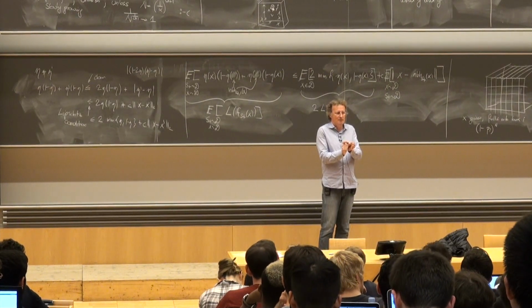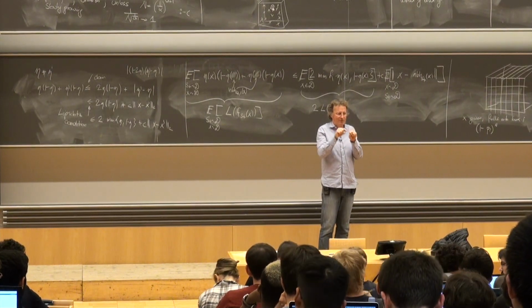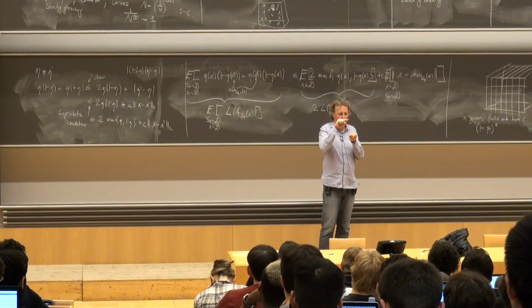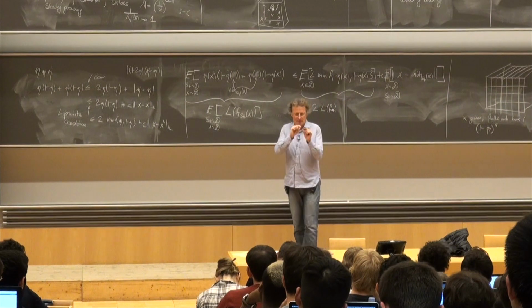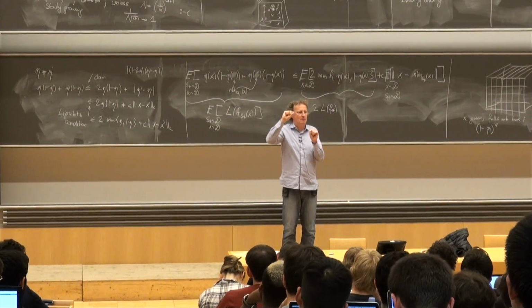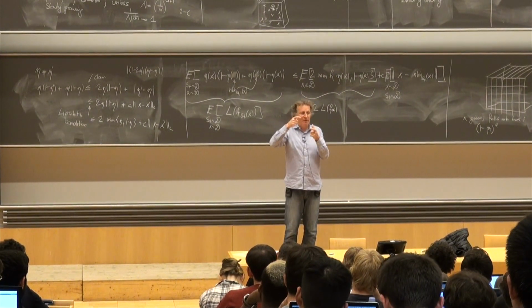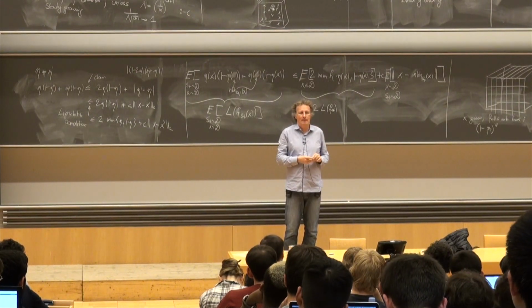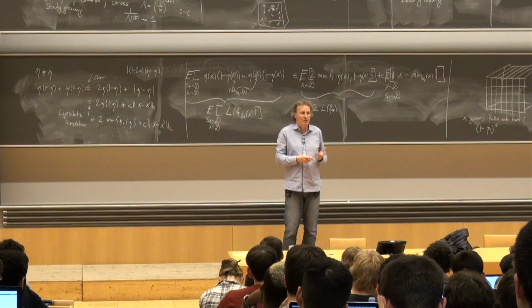Let's assume I have just a square in 2D. Then the diagonal is square root of 2 times epsilon. If I have a cube, the diagonal is square root of 3 times epsilon.